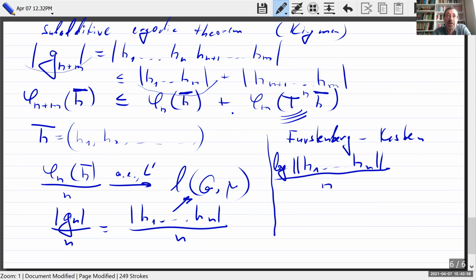So for instance, one can also do it for Brownian motion on foliations, or for random walks on equivalence relations, or as probabilists like to say, for random walks on random graphs.